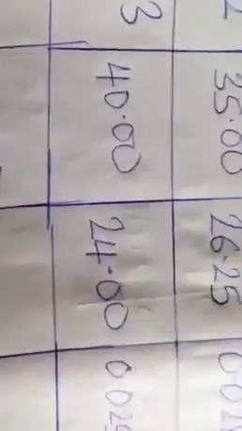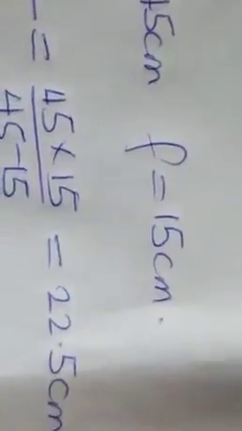So we'll go to the next experiment, where we are now taking our U at 45 cm. Our object distance, the distance between the ray box and the lens, is taken at 45 cm. We'll go to the calculation to find our V. When U is 45 cm, focal length remains 15, which is constant for the lens.